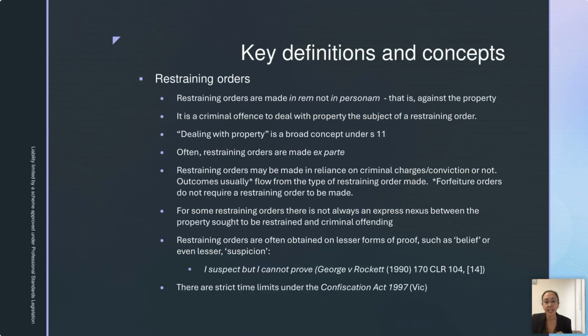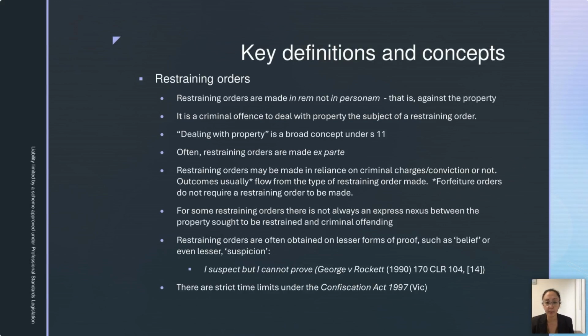An example of an in personam order would be a pecuniary penalty order. A brief example being you're alleged to have trafficked in meth to the value of $1 million and you've obtained that benefit. $1 million pecuniary penalty order is made against you personally, whereas a restraining order is the restraint of property.